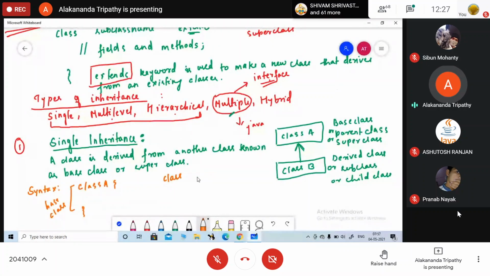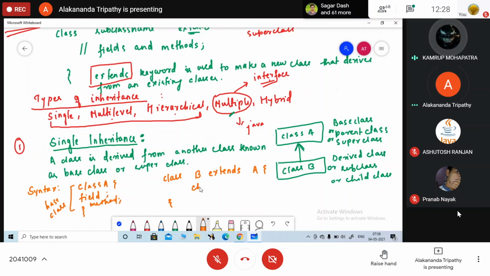Now here class, name of the class here is B, extends A. Now here B is which class? Child class. Every inheritance would have a different syntax? No. The way of inheriting the properties are different, but the syntax is same.